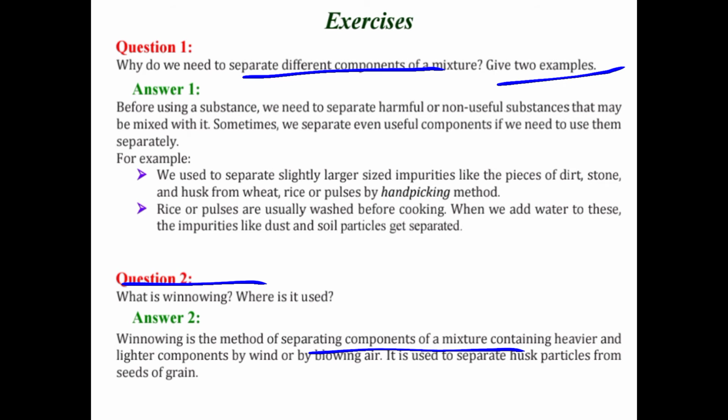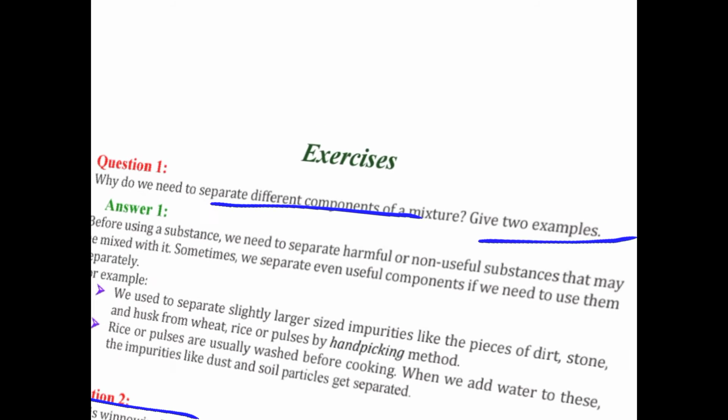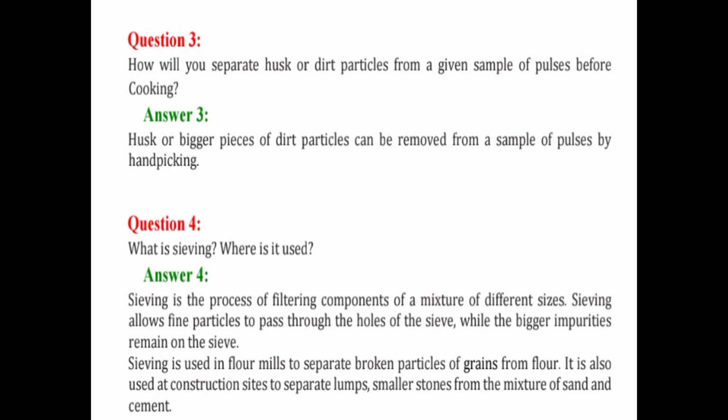Winnowing is used to separate husk particles from the seeds of grain, for example wheat, and for that matter rice, etc. Then there is question number 3. How will you separate husk or dirt particles from a given sample of pulses before cooking?